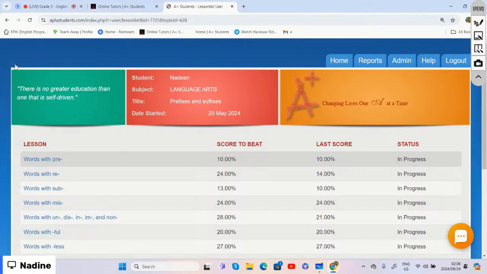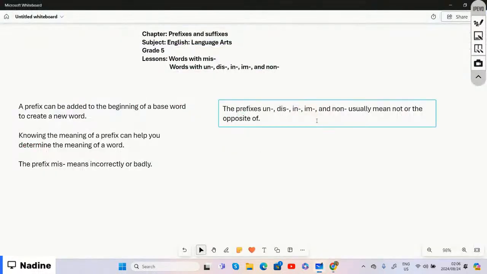All right. So in today's lesson, our chapter is prefixes and suffixes. Our subject is English Language Arts, grade 5, and the lessons we are focusing on today are words with mis and words with un, dis, in, im, and non.